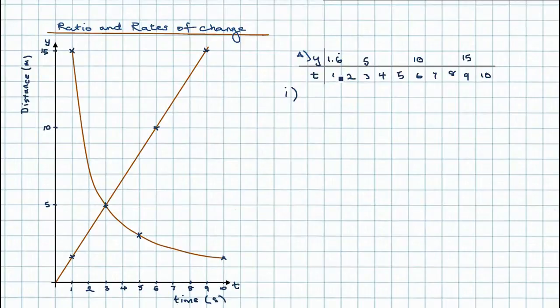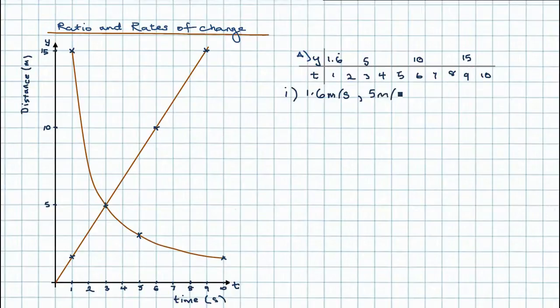Well, the first rate that we've got is 1.6, but 1.6 what? 1.6 meters for every second, so per 1 second. We don't need to write the 1, we can just write per second. So that's our first rate. Our second rate is going to be 5 meters for every 3 seconds.